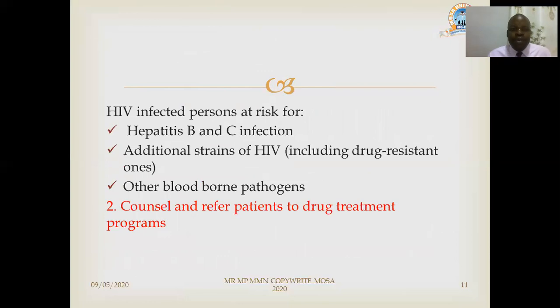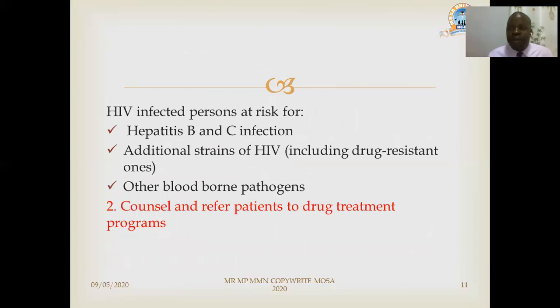HIV infected persons are also at risk for hepatitis B and C, like I've explained already. Then additional strains of HIV, including drug resistance, which I explained already, and other blood-borne pathogens.